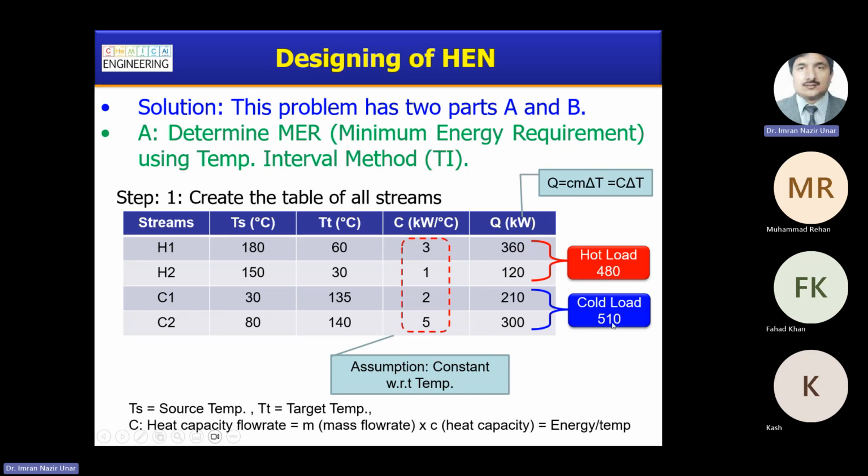So cold load is 510. If we add both, then we have almost 990 kilowatt requirement in this stream. So if you install two heaters and two coolers, total energy required will be 990.